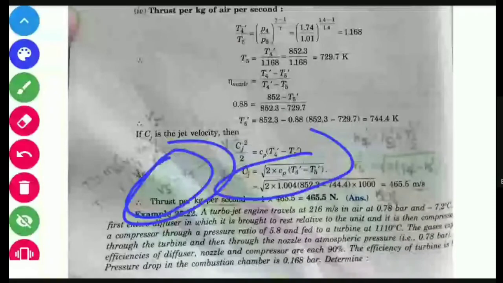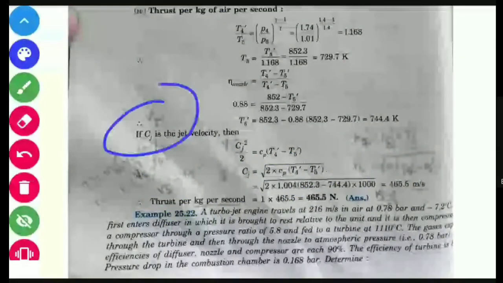Root of 2Cp into (T4 dash minus T5 dash). Our point is to find out Vj, which is just the thrust velocity. But in this equation, you don't know T5 dash.